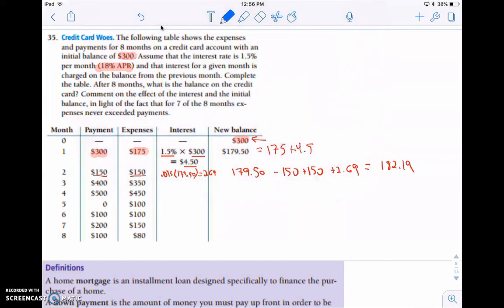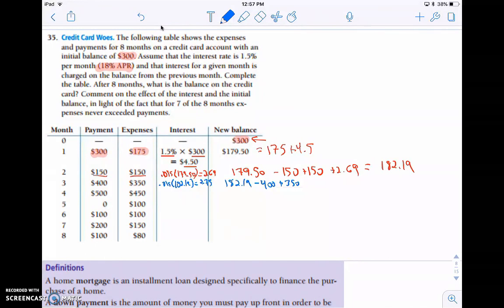To calculate our interest, we take 0.015 times 182.19, and that gives us $2.73. So that's how much interest we're charged. Then for the new balance, we take the 182.19, made a payment of $400, we charged $350, so we actually gained a little bit on our principal here.